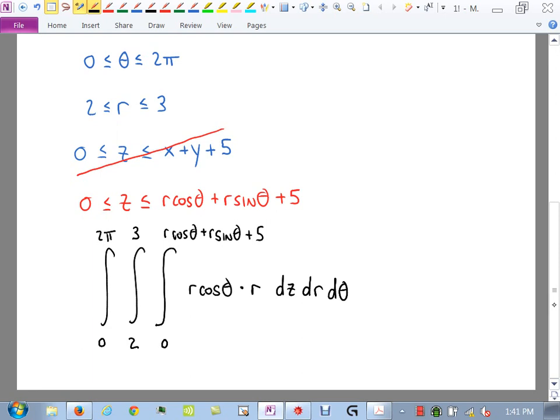Figure out what that is, and then integrate that with respect to r. Then replacing r with 2 and 3, integrate that with respect to theta, and then replace theta with 0 and 2 pi. Yes? Okay. I won't work through that.